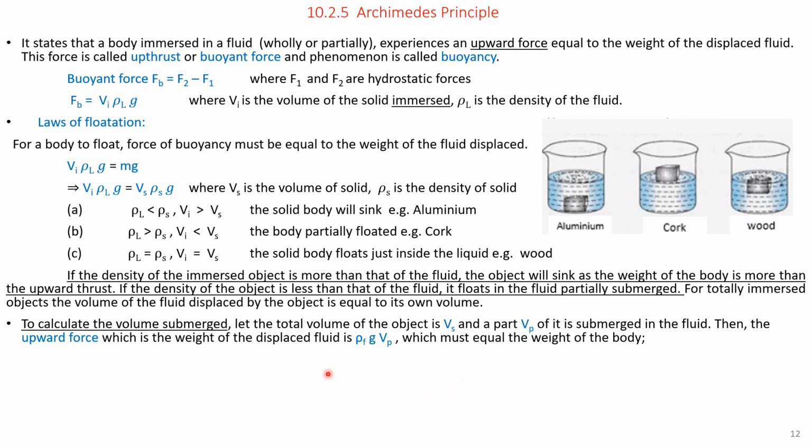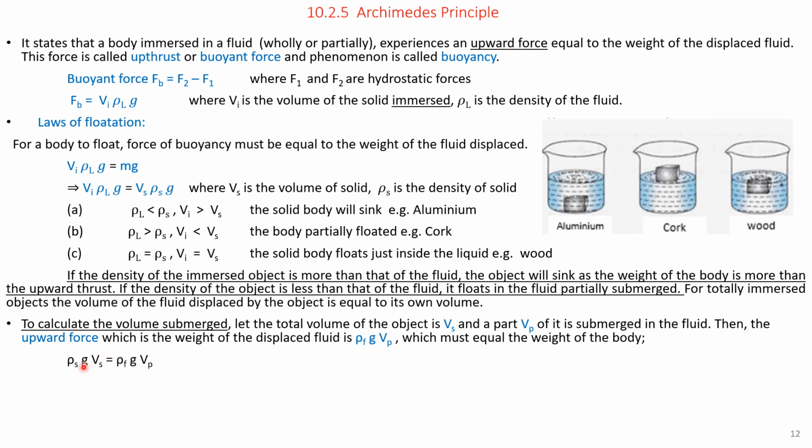To calculate the volume of the submerged body, let the volume of the object be Vs and partially Vp of it submerged in the fluid. Then the upward force, which is the weight of the displaced fluid, is rho F g into Vp, which must be equal to the weight of the body.